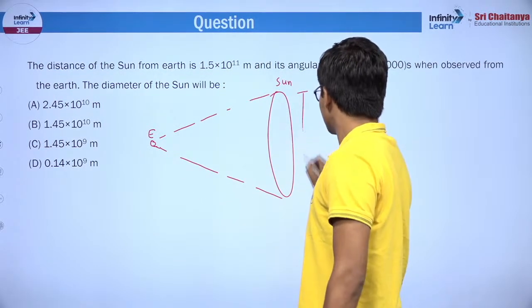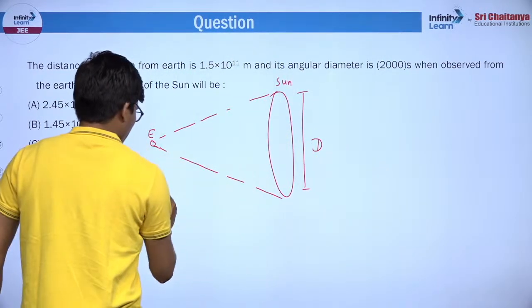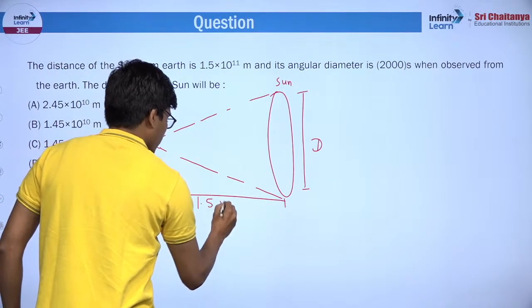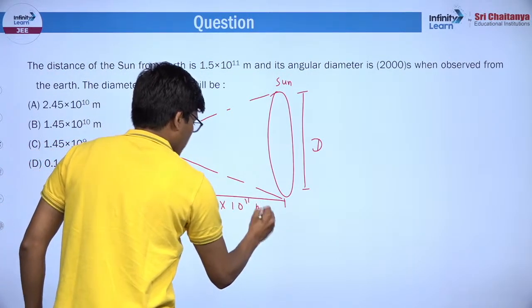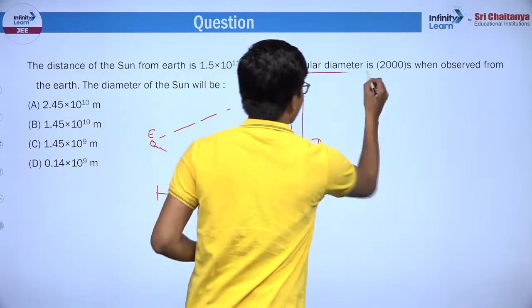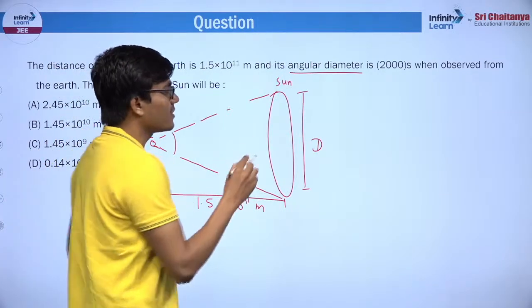This distance is very high, 1.5 × 10^11 meter. One more thing is given, the angular diameter, the angle, which is 2000 seconds.